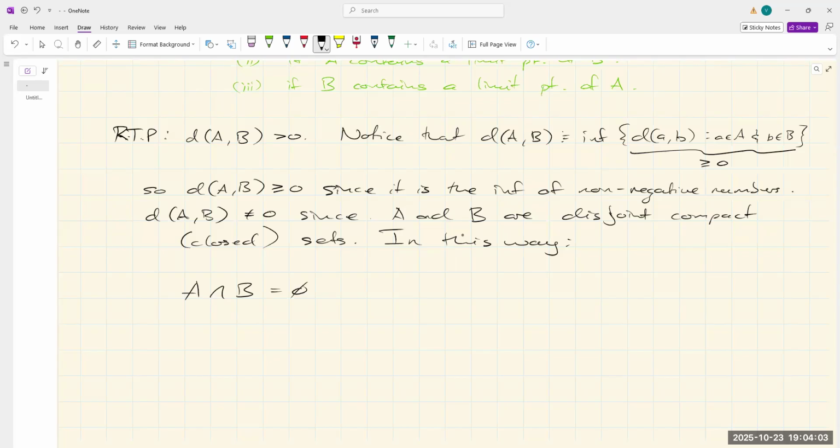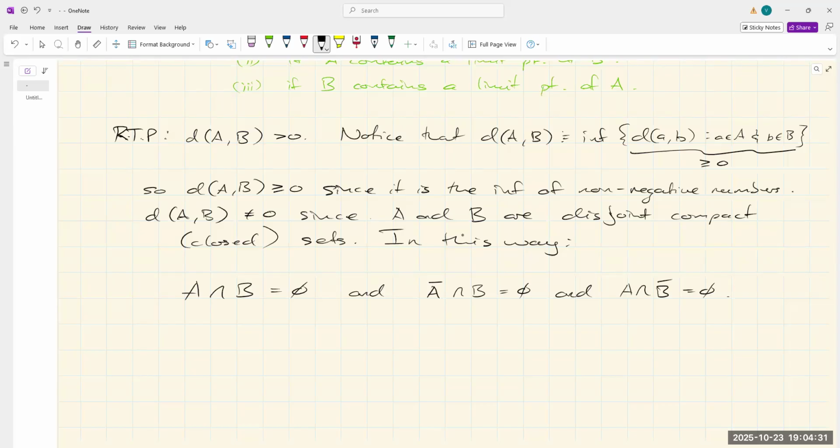And A is closed, so A equals A bar. So A bar intersection B is empty. And B is closed, so B is B bar. So A intersection B bar is empty.